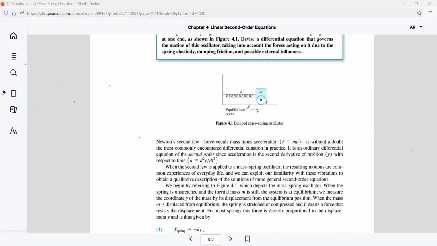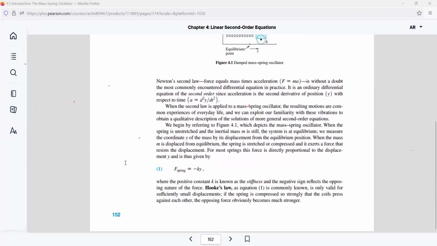Of course, let's scroll down. We have the force of the spring here with this stiffness K, which is opposite to Y, because of course it's going to oppose the force that you apply to the spring. So when the mass M is displaced from equilibrium, the spring is stretched or compressed, and it exerts a force that resists the displacement, right? Because it resists displacement, it's going to have this negative sign.